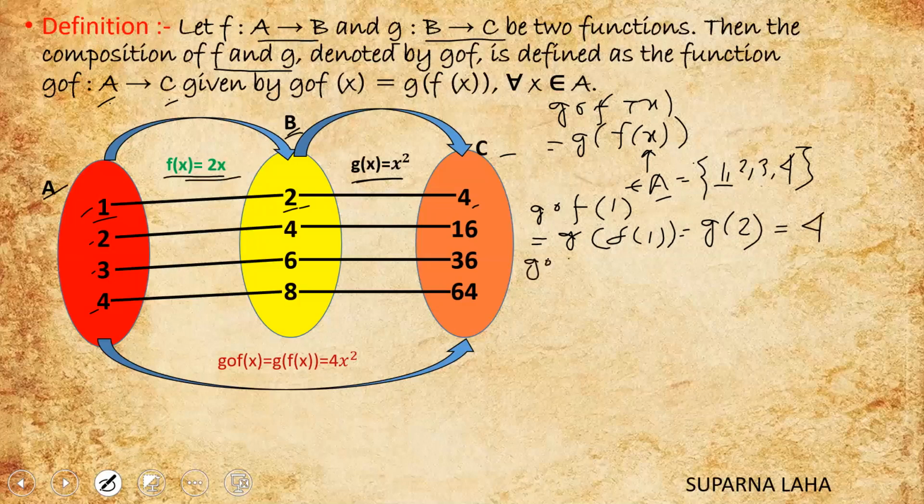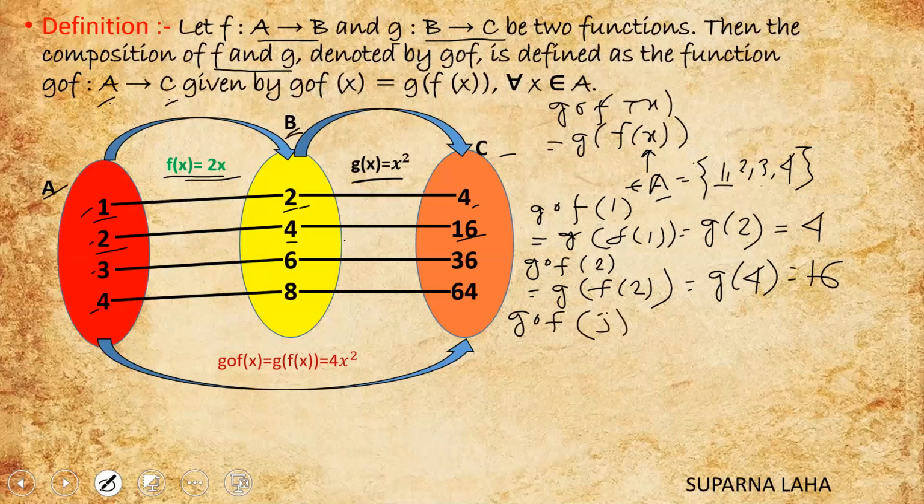Let's check the second element, g of f of 2. f of 2 is 4 here. So g of 4 is 16. g of f of 3 is g of 6, since f of 3 is 6, and g of 6 is 36.